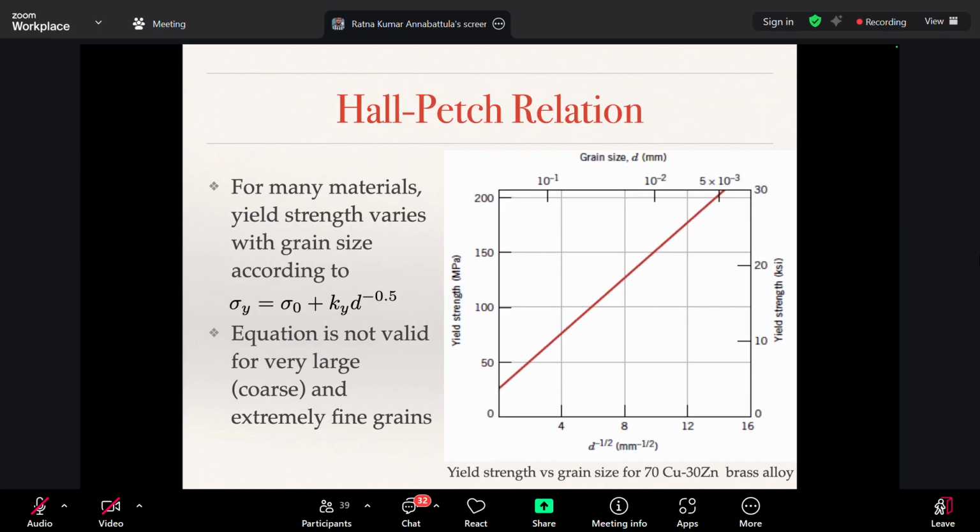So let us say you are solidifying a material, you have a casting and then you solidify the material. When you are solidifying, the liquid will start becoming solid, but it will create several nuclei at various locations, correct?